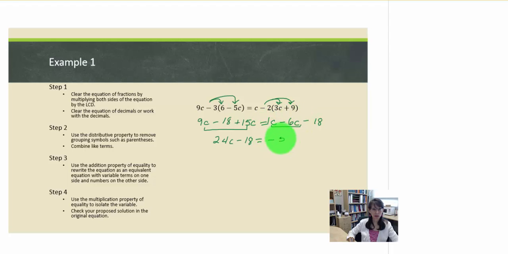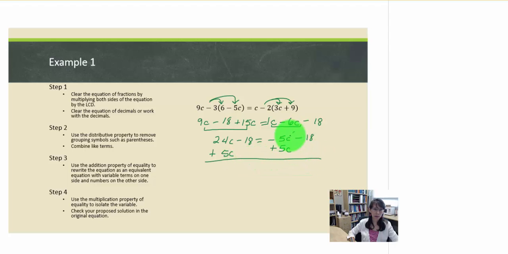That's negative 5c minus 18. Notice that we have the variable c on both sides of the equation, and we have constant terms on both sides of the equation. So our work is not done. We need to collect all the variables on just one side alone. So I think I will use the addition property and add 5c to both sides of the equation.